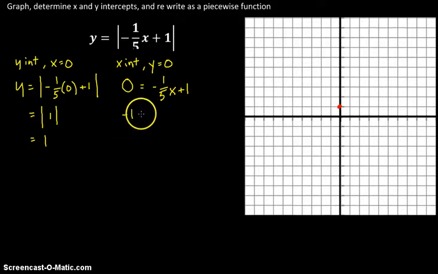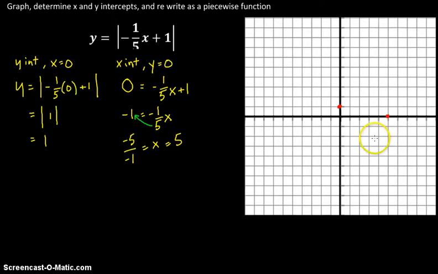It'll be negative 1, equal to 1/5 x. I'm probably going to bring the 5 up, and then I'm going to be able to solve it. Actually, what I'm going to end up having is a negative 5, and then the negative 1 will come down. It'll be negative 1 times negative 5, and that'll be equal to x, and that's equal to 5. Look at that again if you're not quite sure about that. So that'll be 1, 2, 3, 4, 5.